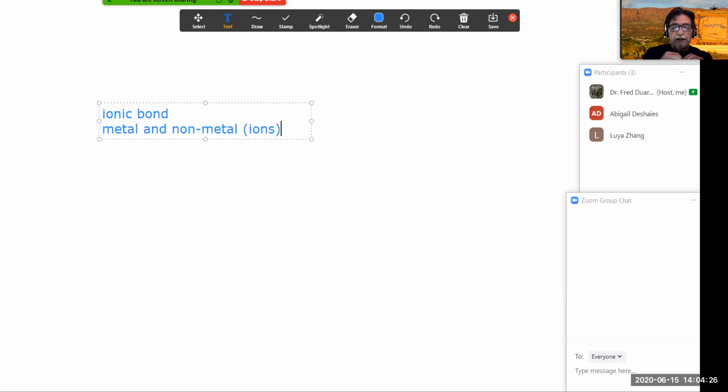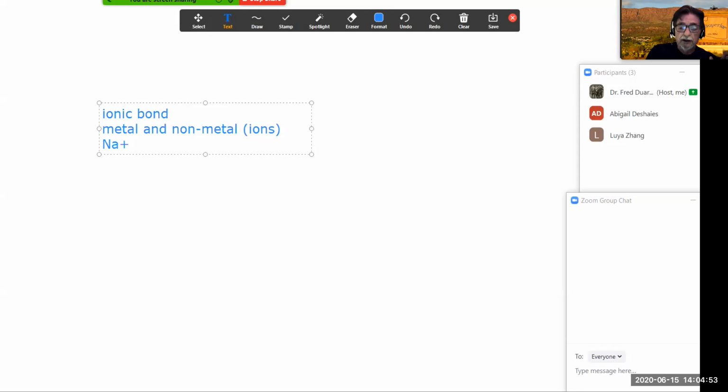Neon. And so now it has 11 protons and 10 electrons. So we have 11 positives and only 10 negatives. Mathematically, we have a net charge of positive 1. So sodium comes into play with this positive 1 charge.